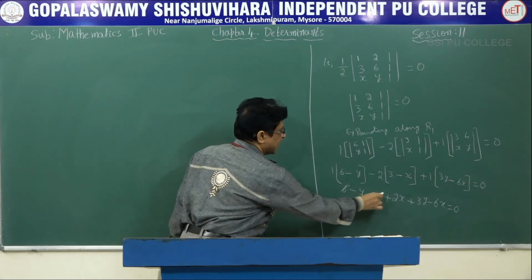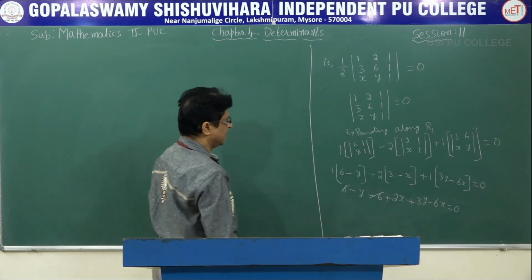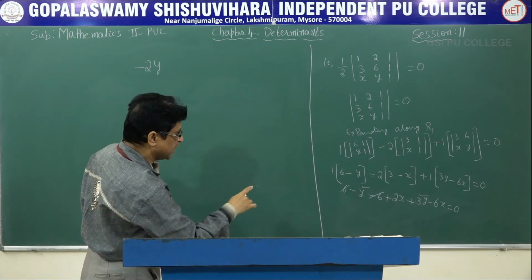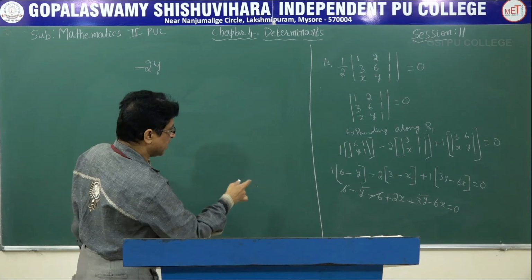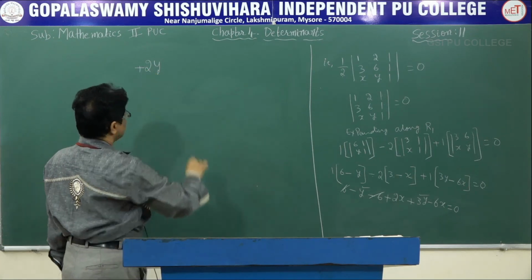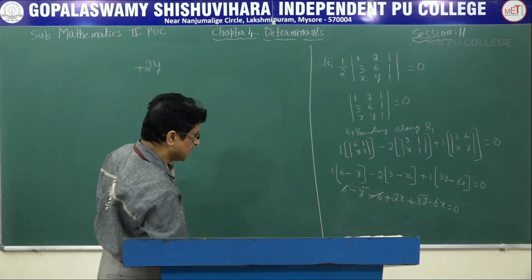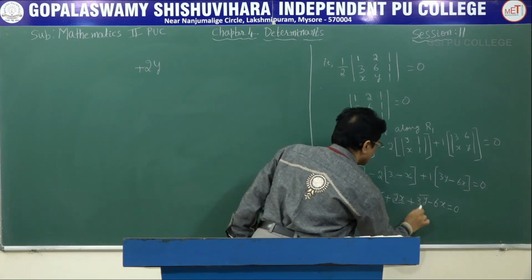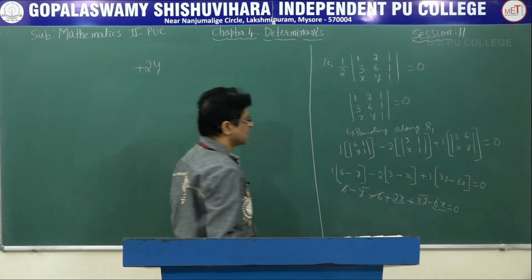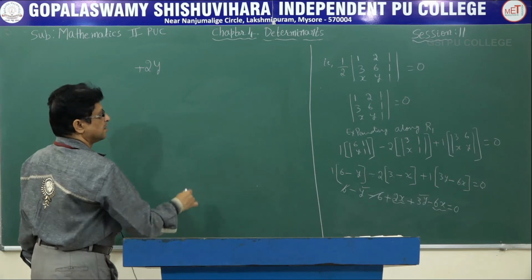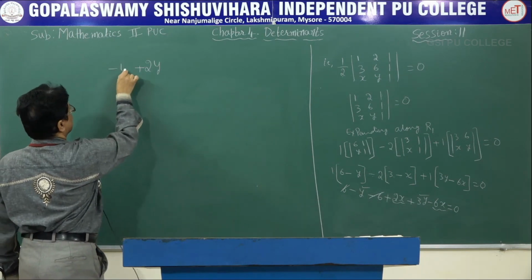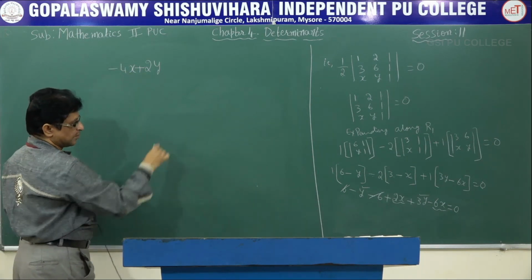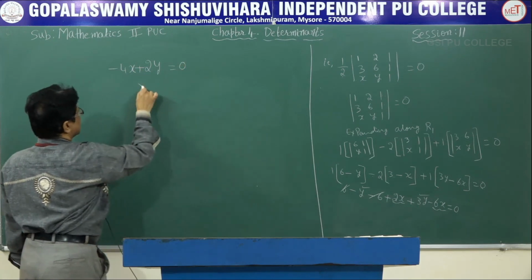Here 6 and minus 6 will get cancelled. Minus y plus 3y, we have plus 2y. 2x minus 6x, minus 4x will be equal to 0.